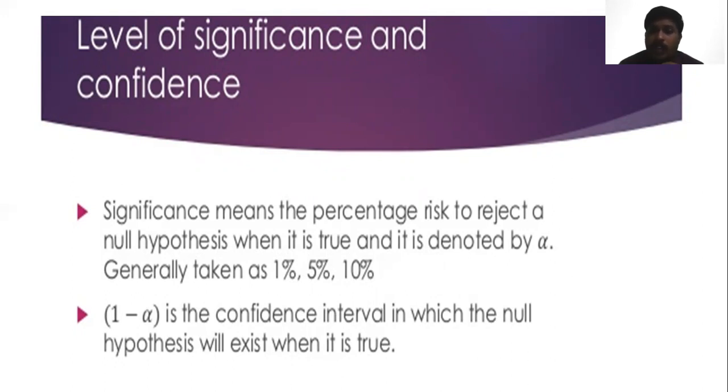And if alpha is the level of significance, 1 minus alpha is the confidence interval in which the null hypothesis will exist when it is true. Normally, among these three levels of significance, we always take 0.05, that is 5%.